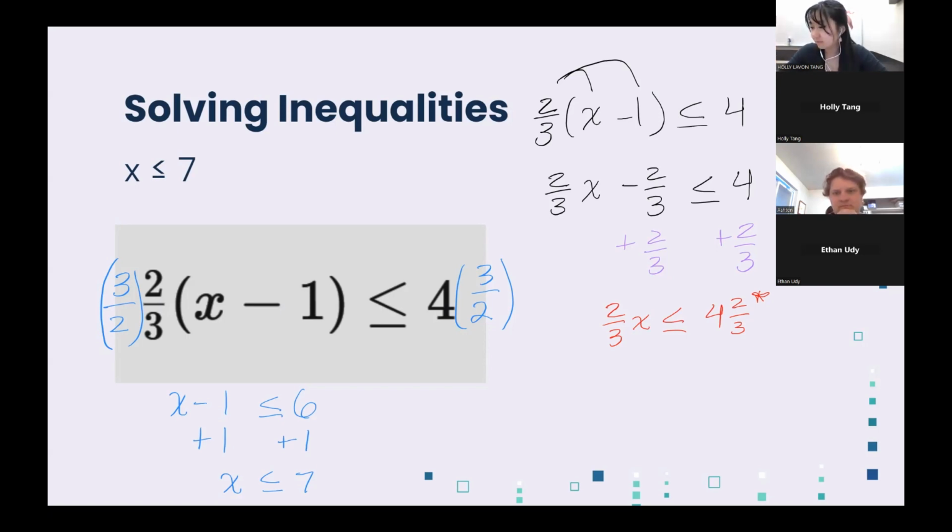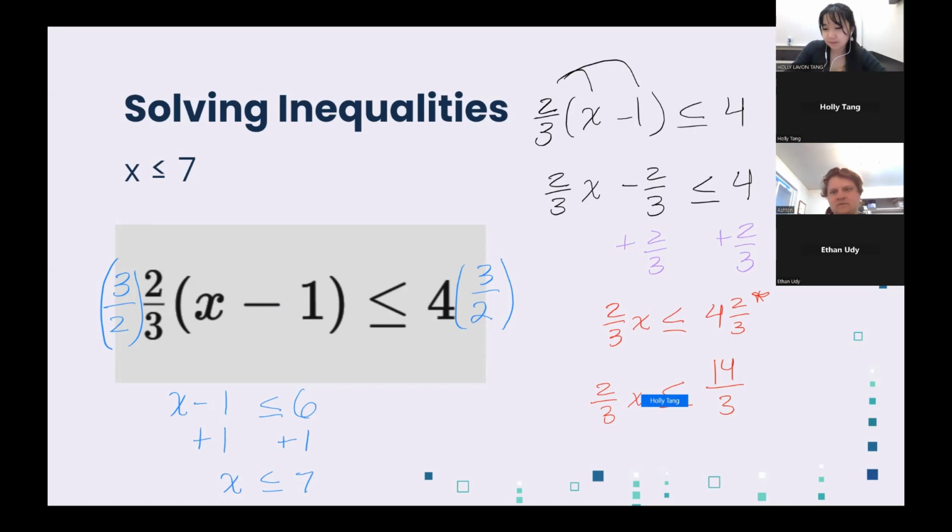And then with the 2/3 it would be 14 over 3. So this is 14 over 3 less than or equal to 2/3 x.